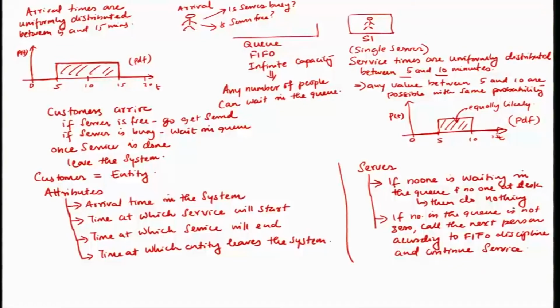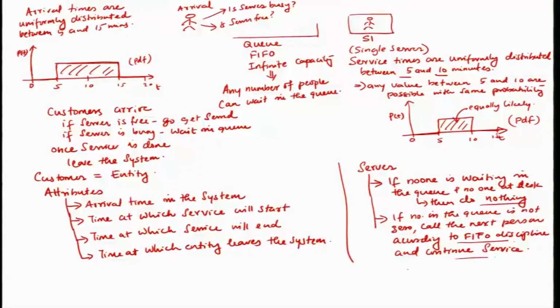So, the logic of the server who is doing the service is pretty much like this. If no one is waiting in the queue and no one is left at the desk, then do nothing, remain idle. If someone is waiting, the queue length is not 0, then call the next person according to the FIFO discipline and then continue the service.